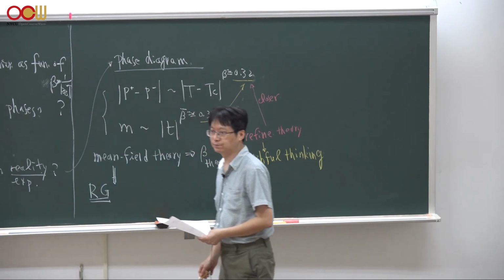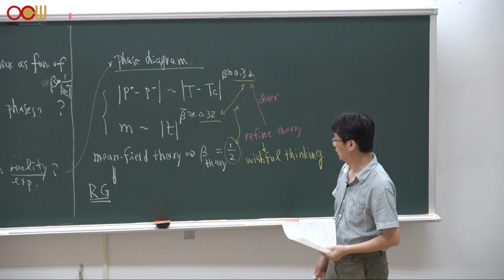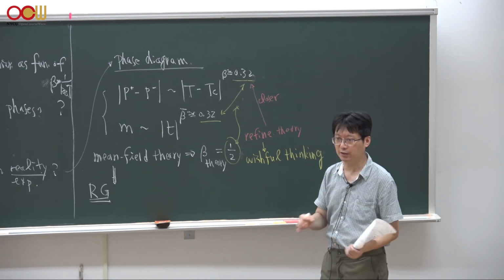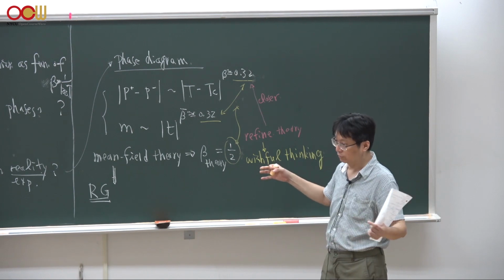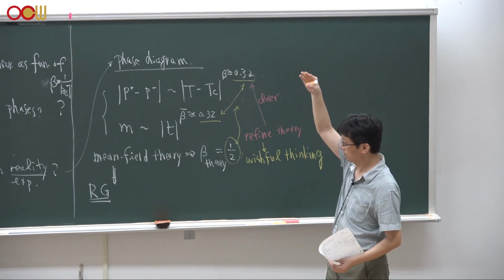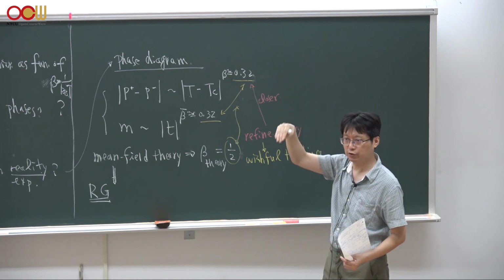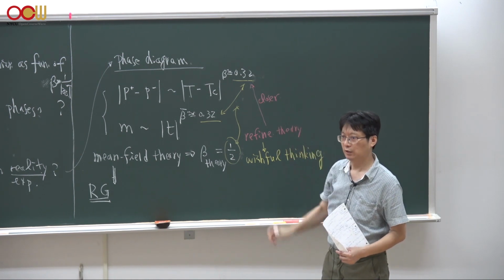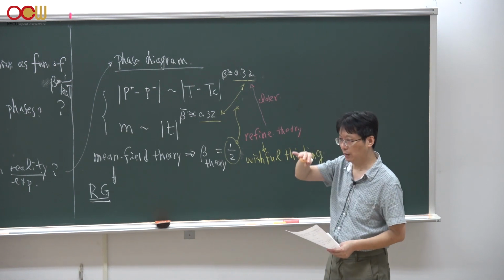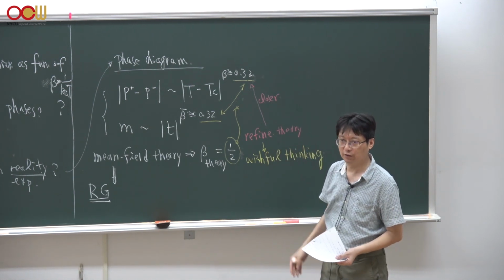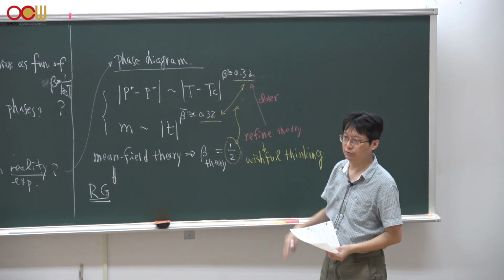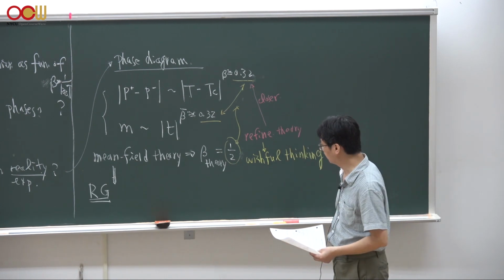The RG, as I described last time: we could either increase the system size and monitor how the coupling constant evolves, or we could come from high temperature and start to lower the temperature, integrating over the higher energy modes of the system, and monitor how the coupling constant evolves when we reduce the temperature and remove the high energy degrees of freedom.